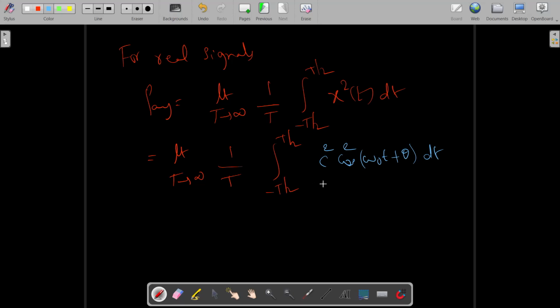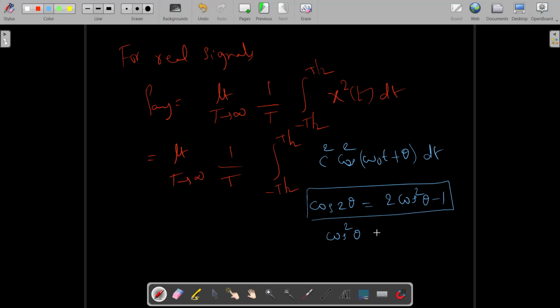In order to solve this, we need one identity from our trigonometry background: cos 2 theta is going to be 2 cos squared theta minus 1. Using this identity, one can solve this. So cos squared theta is going to be (1 plus cos 2 theta) by 2. Let us use this identity here to solve this average.